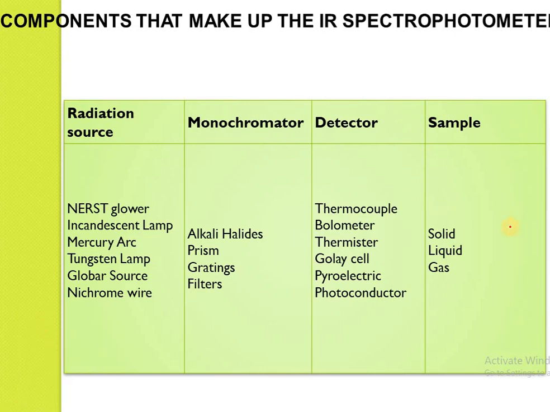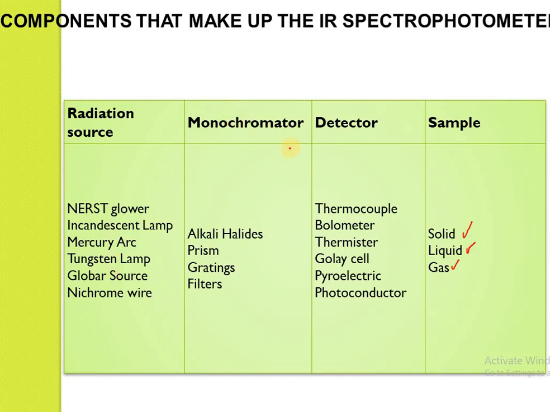And the radiation source may be a Nernst glower, incandescent lamp, mercury arc, tungsten lamp, Globar source, or nichrome wire. So any of these radiation sources can be used in IR.